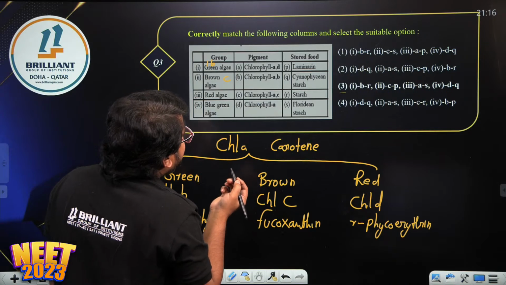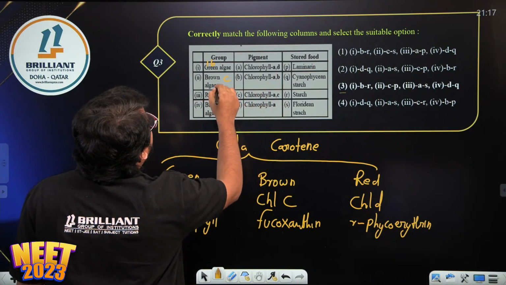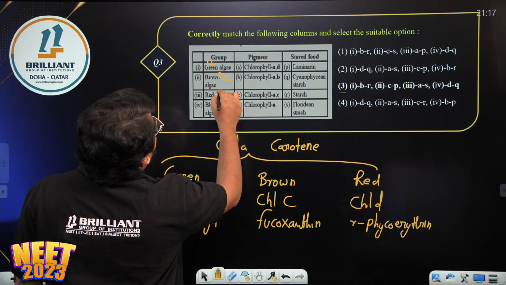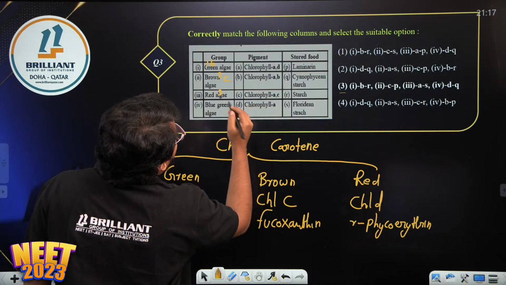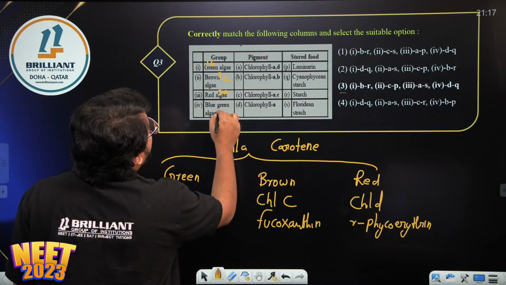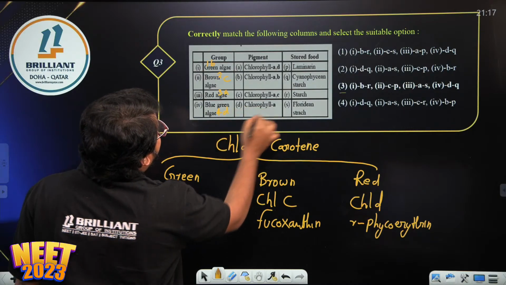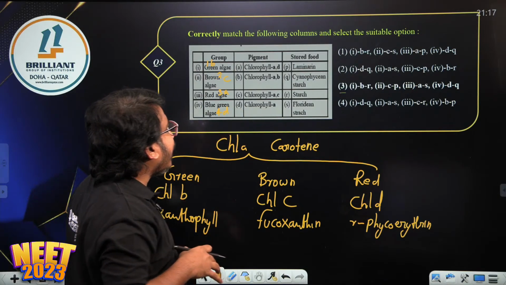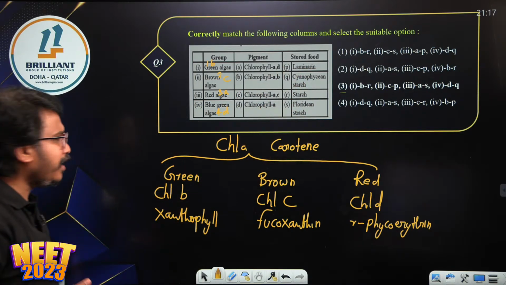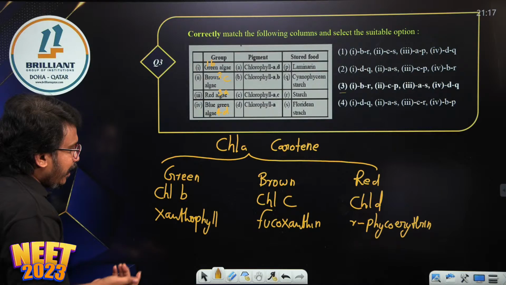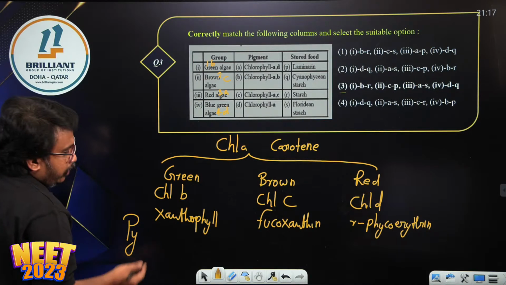Red algae, it is chlorophyll A and chlorophyll D. So it is 3A is coming. Then of course 4 should be D. Only chlorophyll A is coming in the blue-green algae. Now we have to check what is the stored food that is coming in these algae. In green algae, food is stored in a structure called chloroplast.